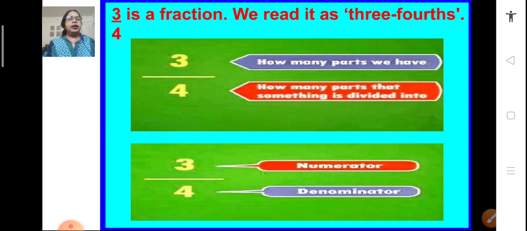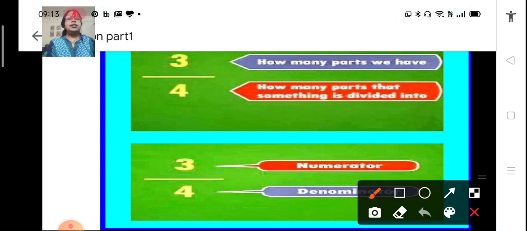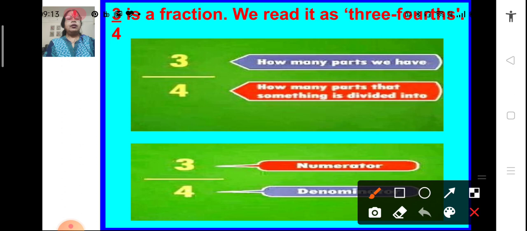And here 3 is how many parts we have, and 4 is how many parts the whole is divided into. 3 is the numerator and 4 is the denominator. Denominator represents the whole, how many parts the whole is divided into, and the numerator represents how many parts we have.